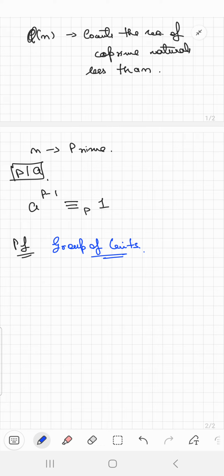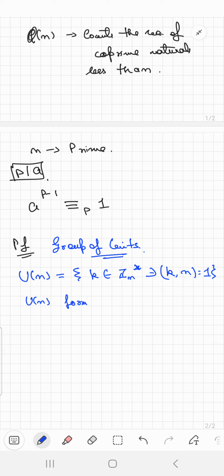If you have seen my lectures on group theory, you will find that there is a group which I have denoted as U(n), which consists of elements k from Z_n star. Z_n star indicates the additive group Z_n excluding the number 0, such that k is co-prime to n. And U(n) forms a multiplicative group.